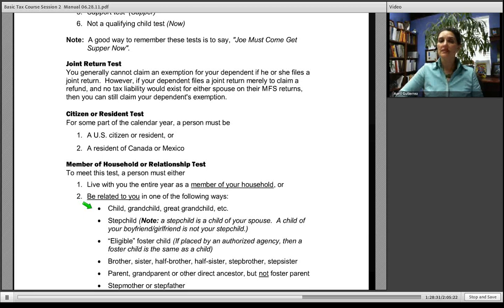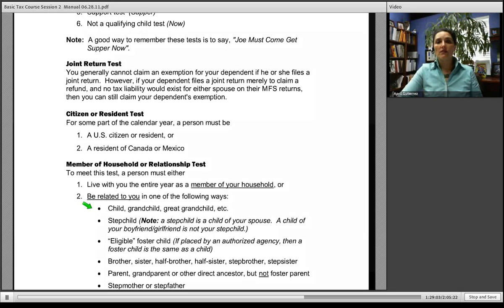And you'll see this is the second time I've stated that in the manual, and the reason that it's in there is because on a regular basis over the years, I've had clients come in and sit down with me and present me with the Social Security number of their stepchild and say, well, I'm claiming my stepchild on my return this year. And I'll go, okay, well, your child has a different last name than you. And then I'll say, since your child has a different last name from you, can you explain to me where the other parent is?